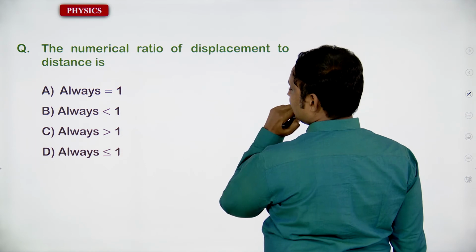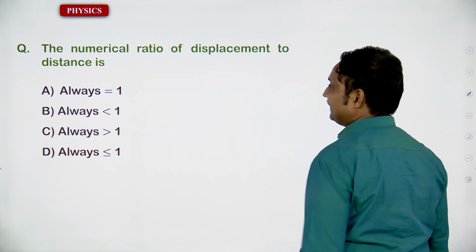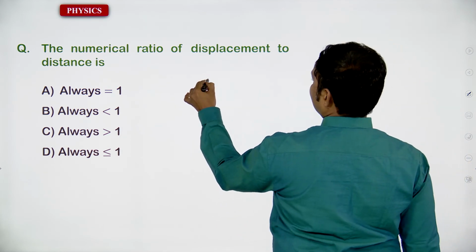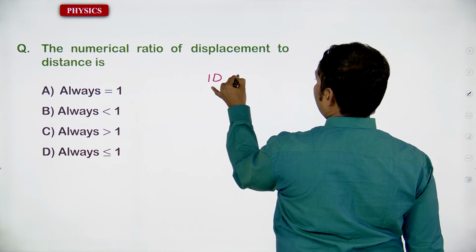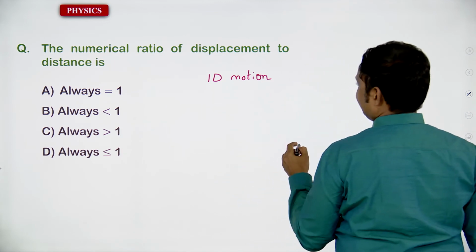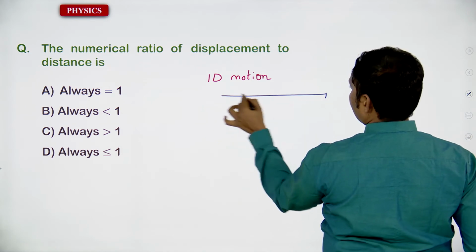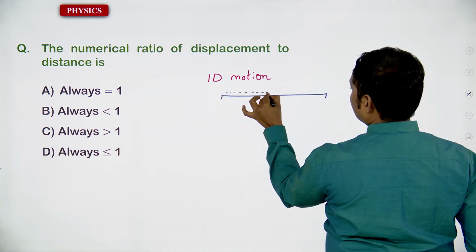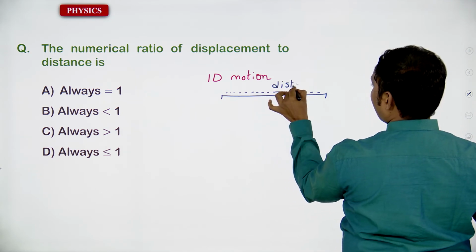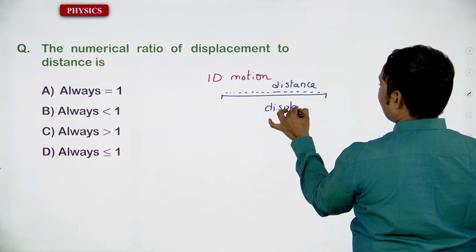Distance is greater than, if you are going to take that 1D motion, yes, 1D motion. The distance covered by the body, distance and displacement both are going to be equal.